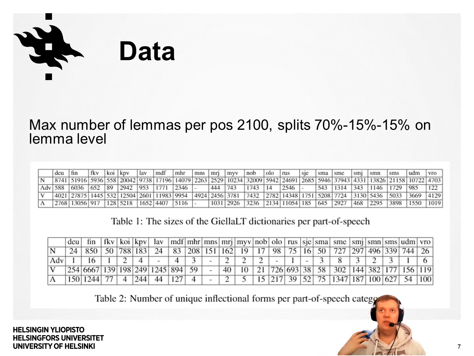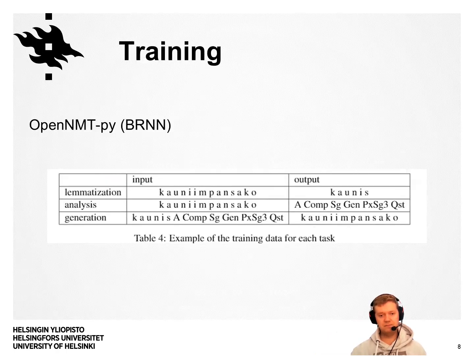We want neural models that work with the words that the FSTs cannot handle. So we don't really care whether these models can just fill in some gaps in the paradigm. We just want to know how well these models work for words that they have never seen before. And then we can see the degree of complexity, like how many unique inflectional forms we are getting per part of speech category. For Finnish there is a lot, and there is definitely a lot for verbs, so a whole lot of bias the model is going to learn from that.